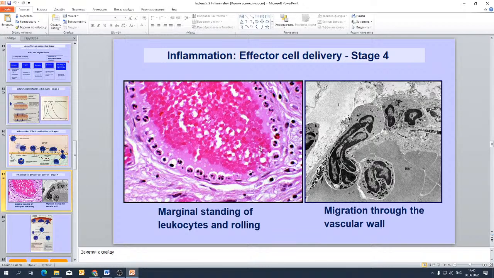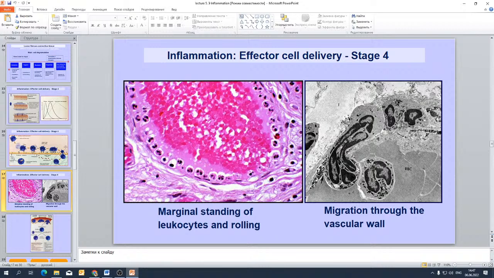These vessels are extended, because blood circulation slows down, giving full congestion of vessels. And this is an electron picture. Here you see three leukocytes, one, two, three. Here is the wall of the vessels.